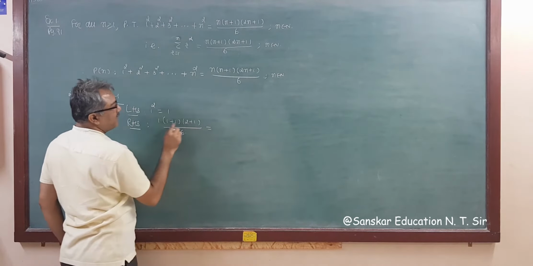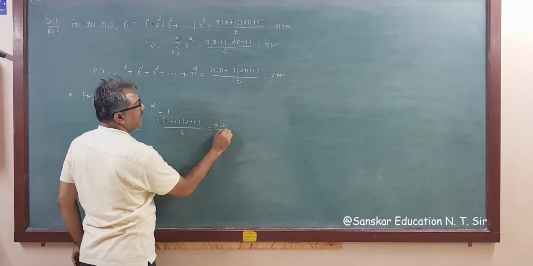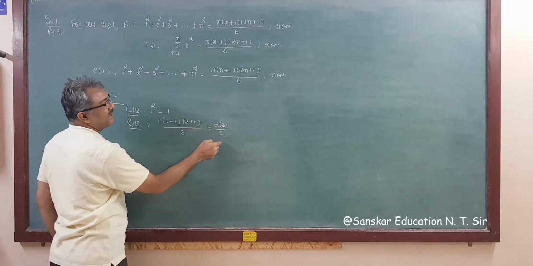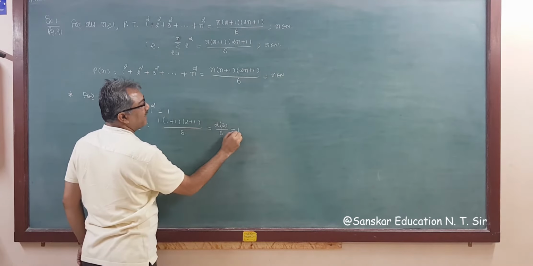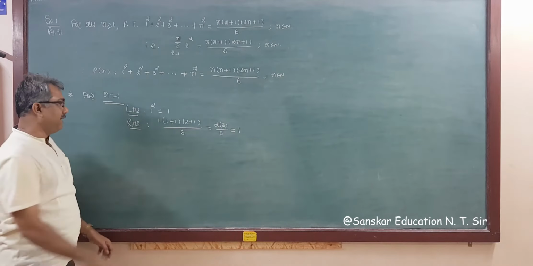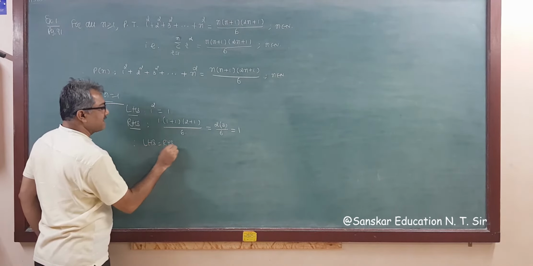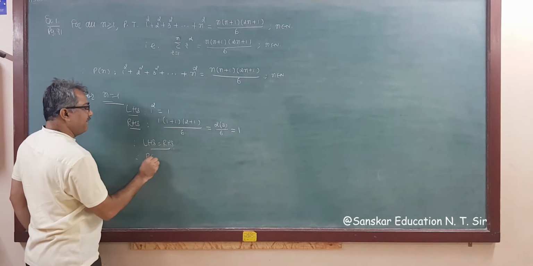So this is 1 times 2, times 3, divided by 6. Now 2 into 3 is 6, divided by 6 is 1. That is, left hand side and right hand side are equal. So left hand side is equal to right hand side. That is, P1 is true.